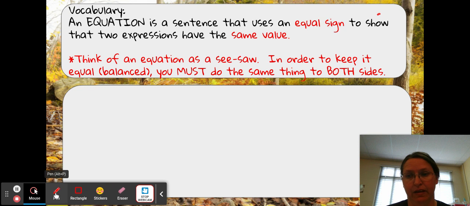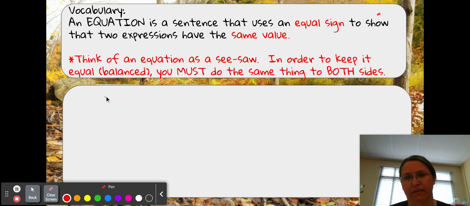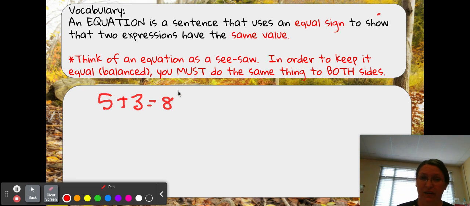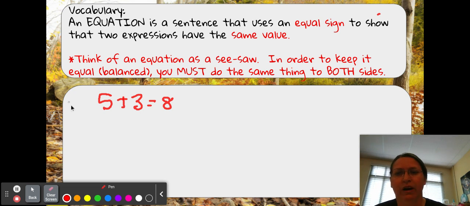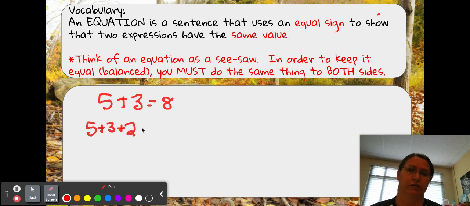If I have 5 plus 3 equals 8, I know that 5 plus 3 equals 8. However, what if I do 5 plus 3 plus 2 equals 8? Does that equal the same thing?